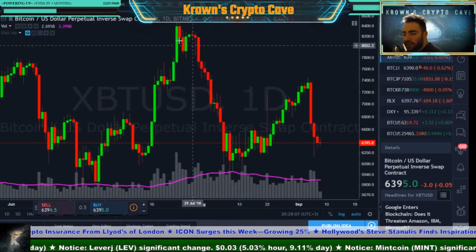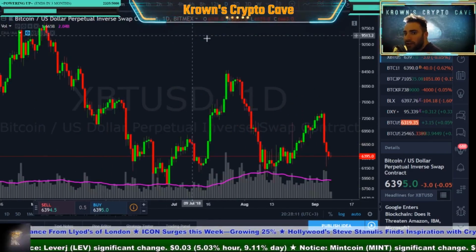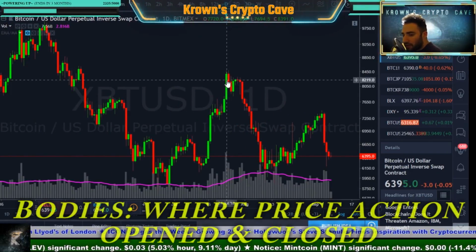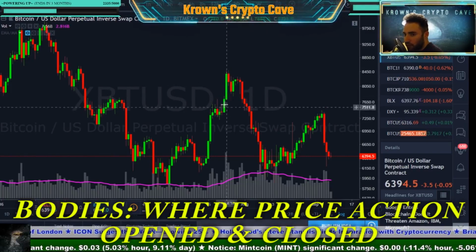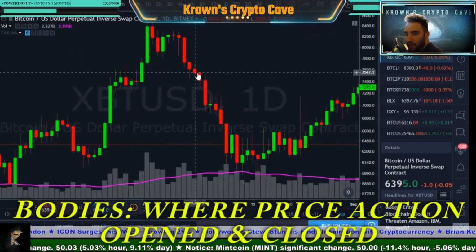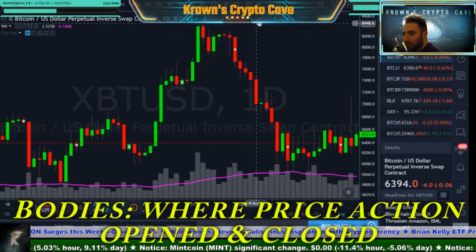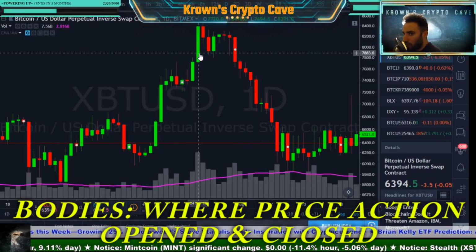You'll notice that you have what are called bodies, and these smaller portions are called wicks. The body is where price action actually opened and closed. For example, using this one right here, the bottom of the wick is telling you that the low was 76,945.